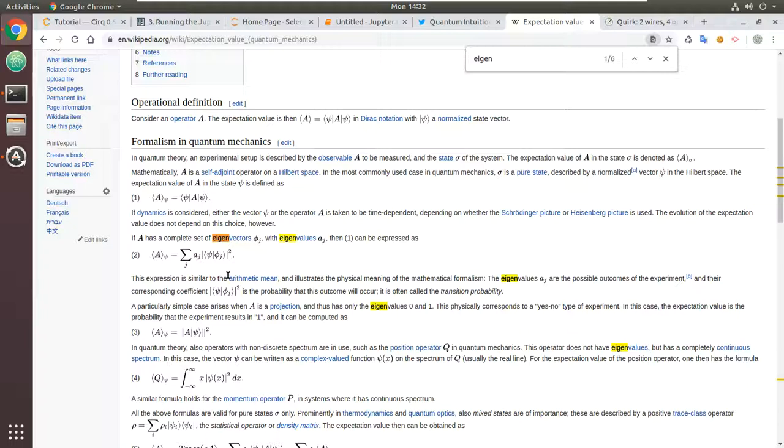So this is more at the mathematical level, because it's a matrix, and this is probably part of the definition of eigenvalues and eigenvectors, which I'm not super familiar with.